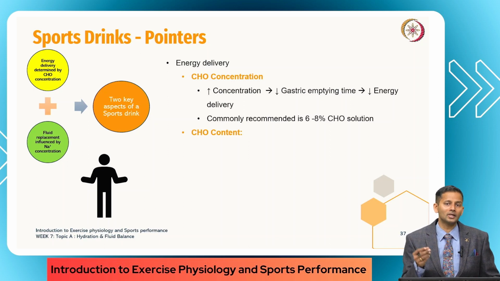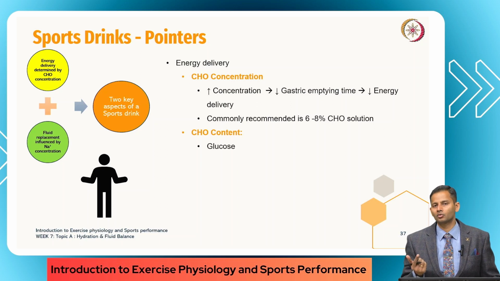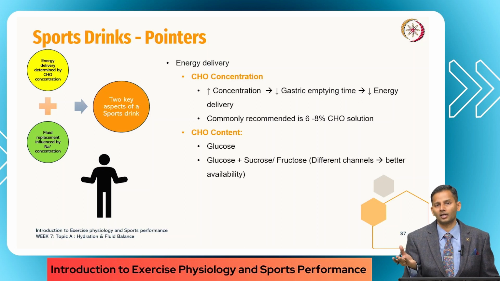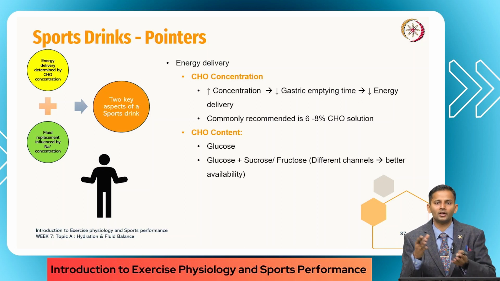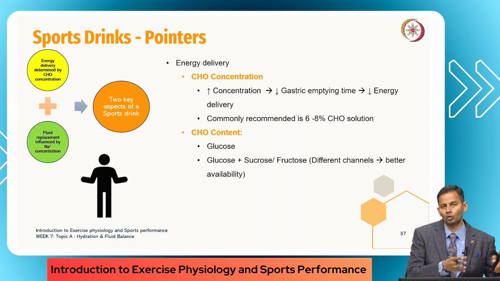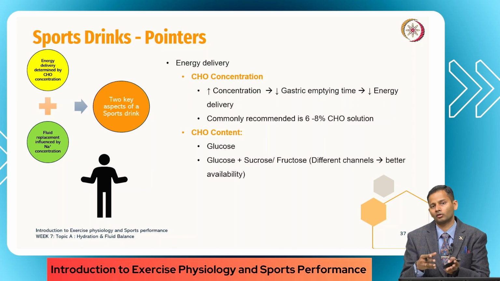The other aspect is the content. What is the carbohydrate that you are using? The commonly used content is glucose. You can also have a mix of two different carbohydrates, glucose with another carbohydrate, maybe in the form of sucrose or fructose. Why? Because glucose has its own transporters that transport it from the intestine to the plasma, and sucrose and fructose get transported through different types of transporters.